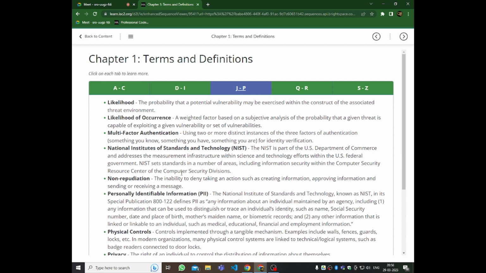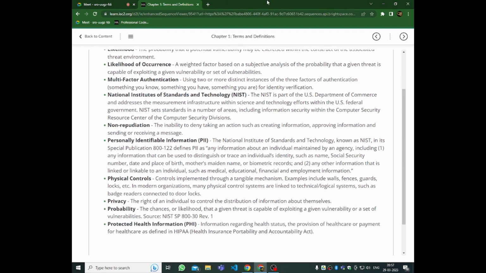NIST sets standards in a number of areas, including information security in the Computer Security Division.